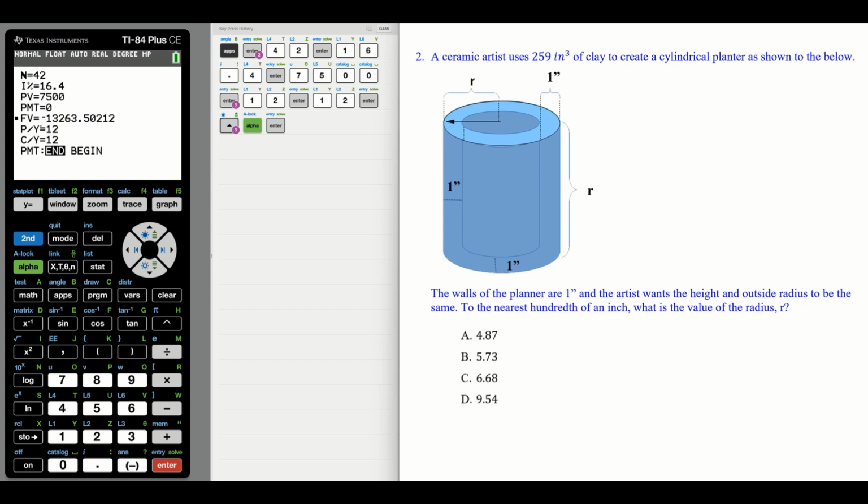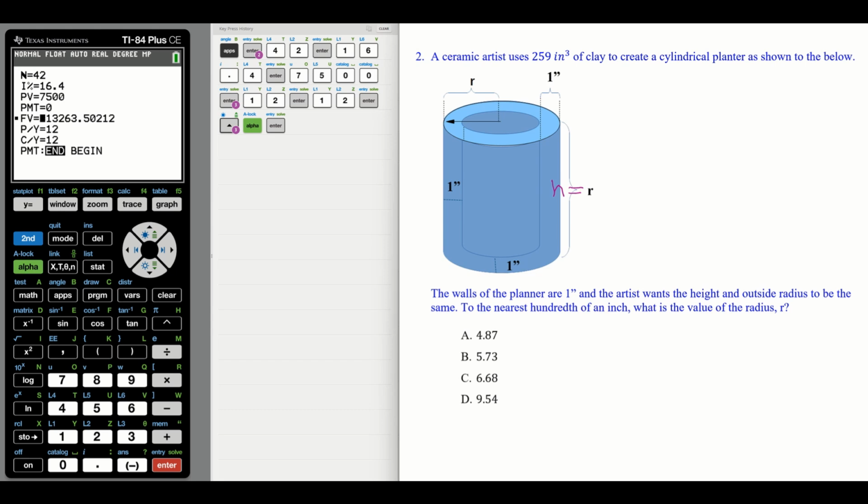The walls of the planter are 1 inch, as you can see shown around your diagram. And the artist wants the height and the outside radius to be the same. So this right here is height. To the nearest hundredth of an inch, what is the value of the radius r?